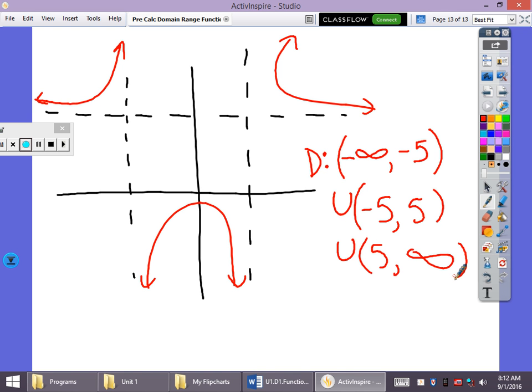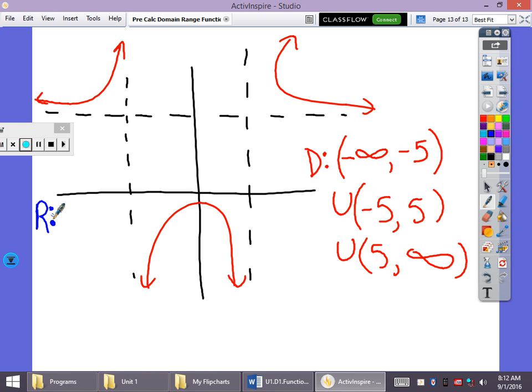Negative 5 and 5. Okay? So this is interval notation. You could have also said all real numbers except negative 5 and 5. Is everyone good with that? Everyone see why? Why do I have breaks? What's there? Asymptotes. You're awesome.